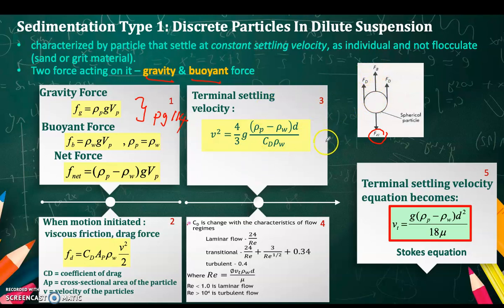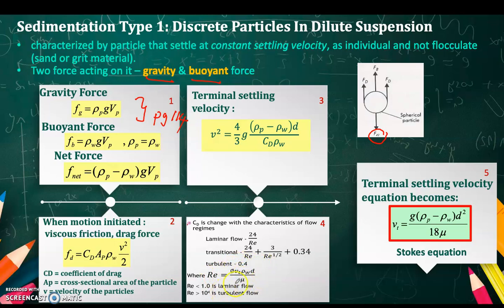Then we go to the terminal settling velocity, which is described by this equation. From your previous courses like fluid mechanics, you know the formulas that describe laminar flow, transitional flow and turbulent flow, where we use the Reynolds number as described by this equation.